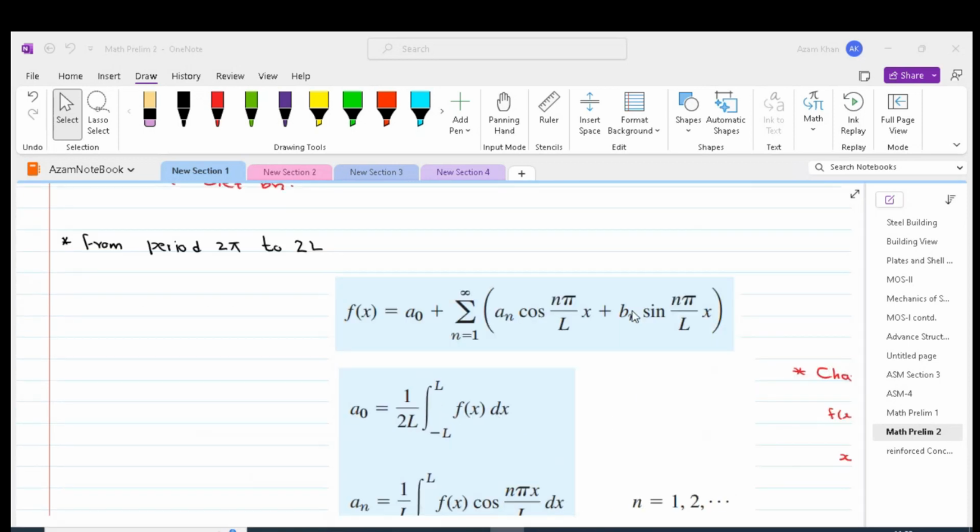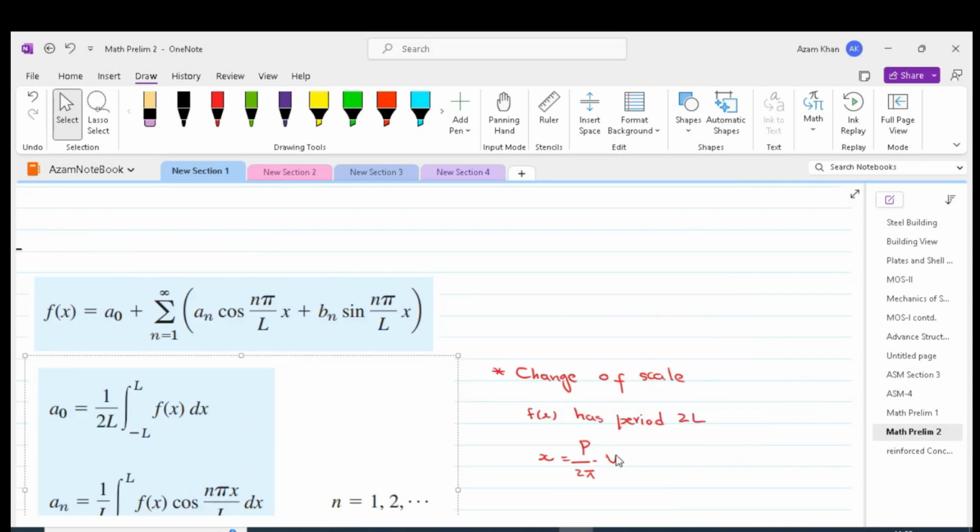So we have got the Fourier series in terms of L by using a suitable scaling factor. So the transition from period 2 pi to period 2L is effected by a suitable change of scale. Now, considering f of x having a period p is equal to 2L, then we can introduce a new variable v such that the function f of x as a function of v has a period 2 pi.